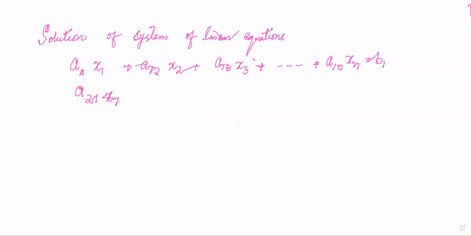Let me rewrite the equations: a11 x1 plus a12 x2 plus a13 x3 plus so on, plus a1n xn is equal to b1.